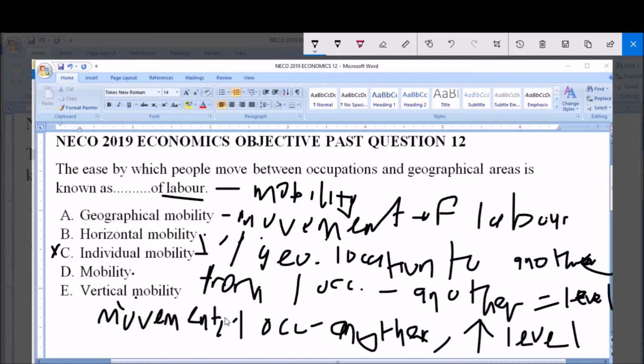So from the definitions we have given, we see that geographical mobility involves movement between geographical areas. So the correct answer is A, geographical mobility.